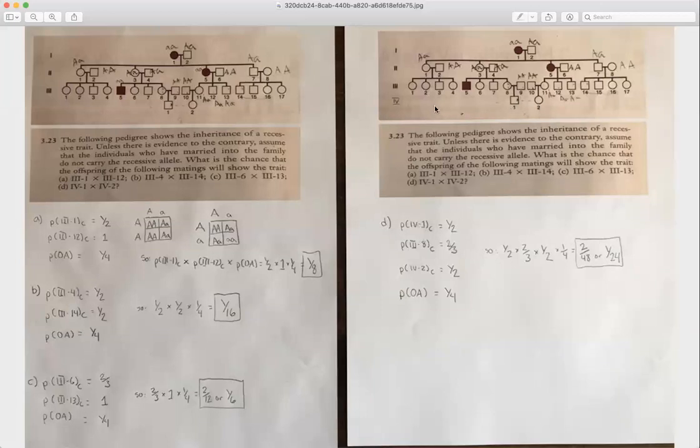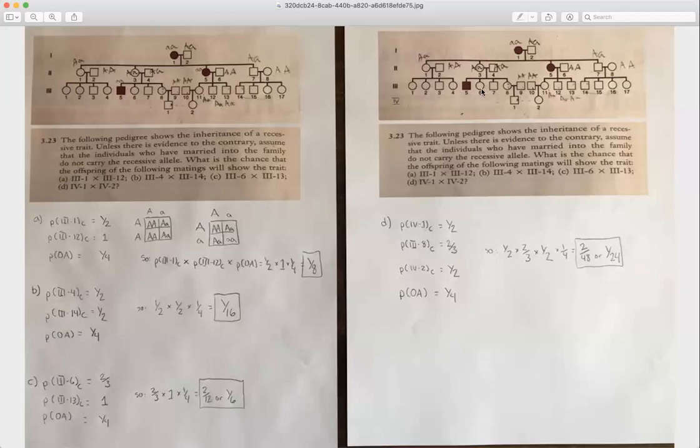But what we see here is that for 4,1 to be a carrier, we also have to have 3,8 being a carrier. And we're not guaranteed that individual 3,8 is a carrier. So we first have to calculate the probability that 3,8 is a carrier. And then we'll say, okay, given 3,8 is a carrier, what is the probability that 4,1 is a carrier? So we've broken this down. First we calculate the probability that 3,8 is a carrier, and that's how we do it.